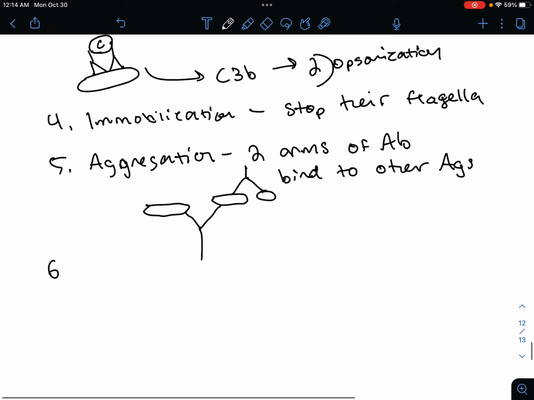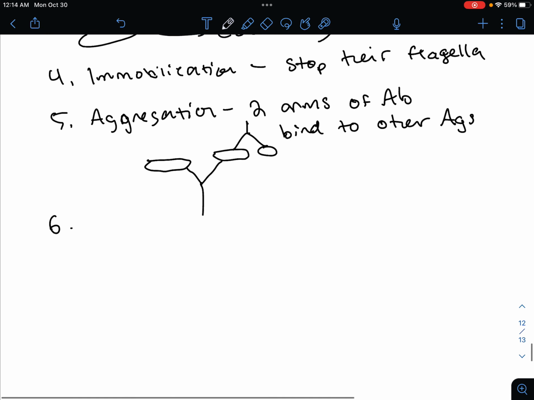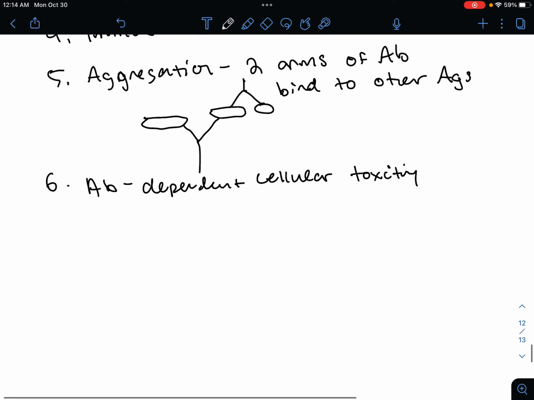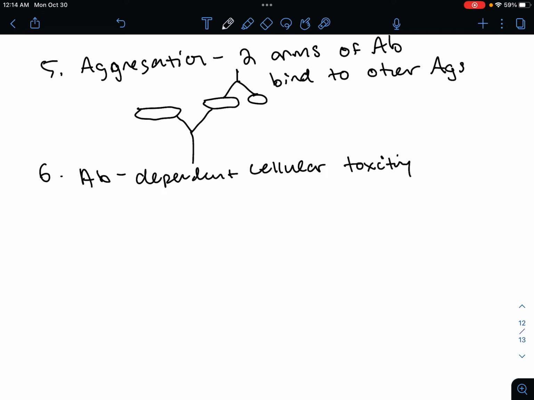And then we also have the antibody dependent cellular cytotoxicity. That is a mouthful. So antibody dependent cellular toxicity. I spelled that wrong. Oh well, I just cursived it, I guess. Okay, so this is going to target the cell for natural killer cells.